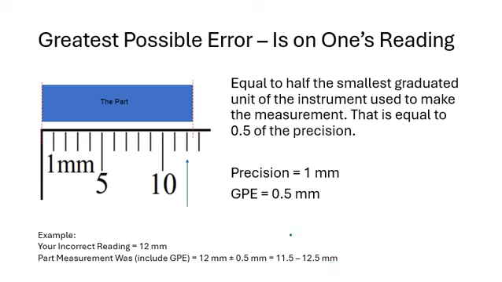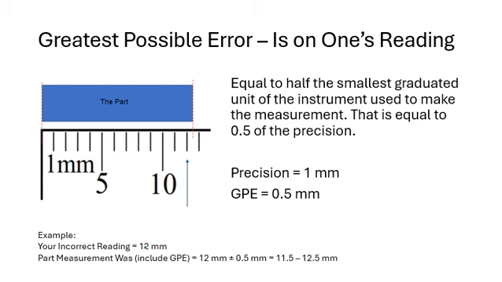And we know that the accurate, or true, measurement of that part is going to be in that range. So 11.5 is right here, and 12.5 is here. The part itself, I would say the true value is 12.5, and it's still in that range.